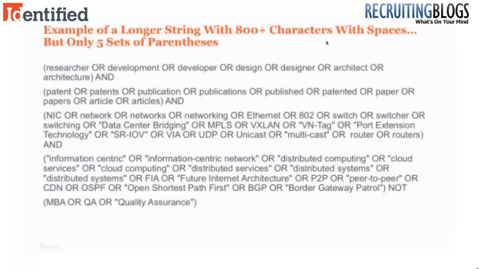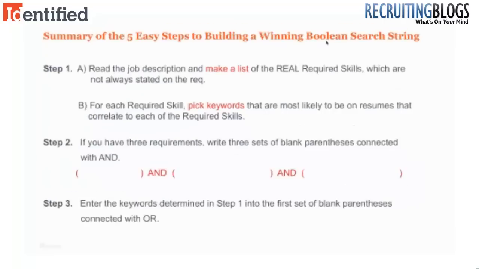Well, he may say patent or patents, publication, papers, articles. So there has to be 1 or more keywords on each resume I surface from each one of these 5 sets of parentheses. And at the bottom, at the end of the 4th string, you see the word not. I want to not at people who have an MBA or a QA or a quality assurance background. Okay, let's go to the next slide.